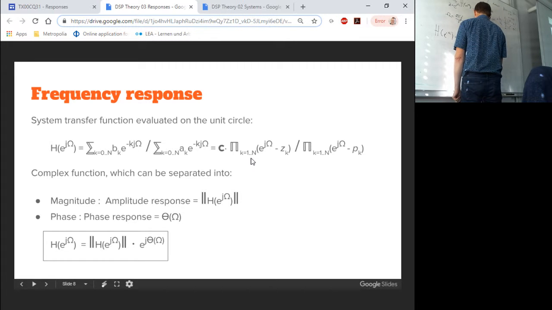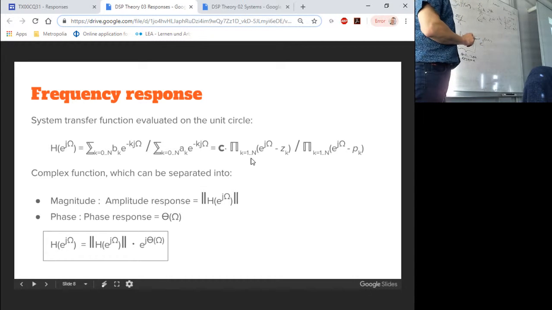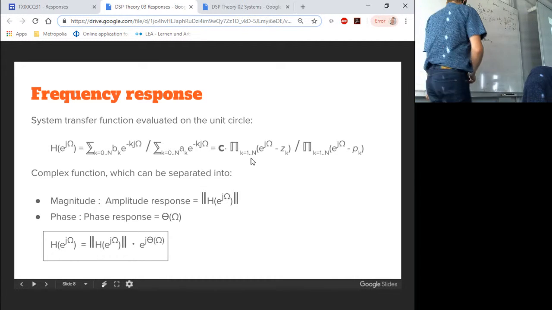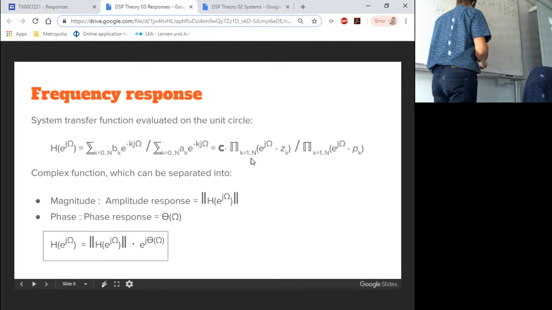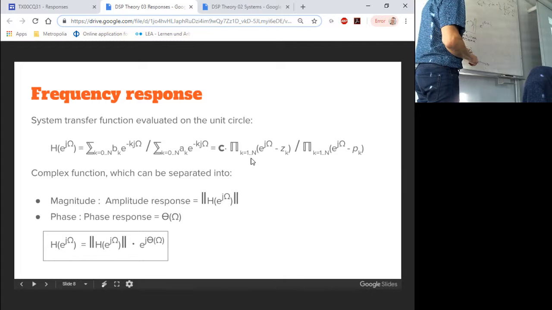Meaning, how different terms of frequency are treated. So basically, if we have a low pass filter like this, on the pass band, usually you try to make the system not change the magnitude.